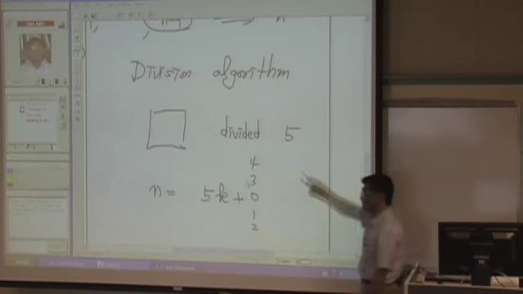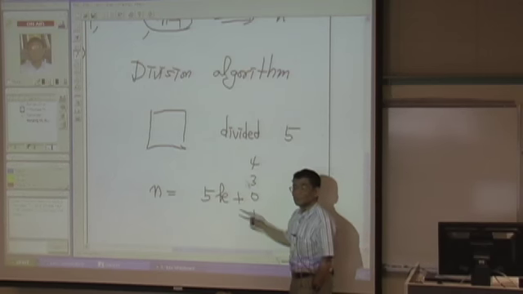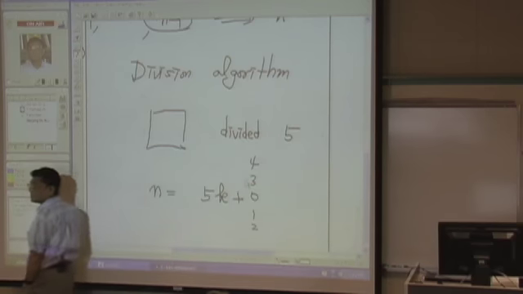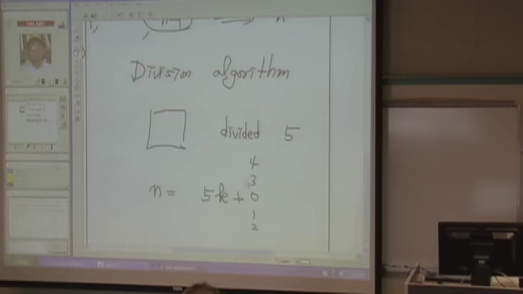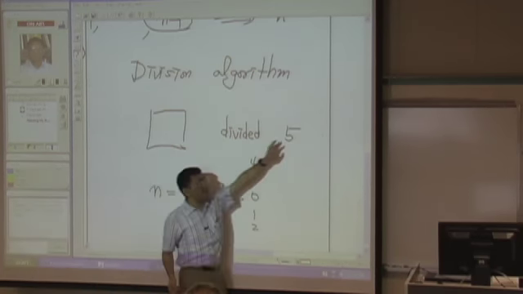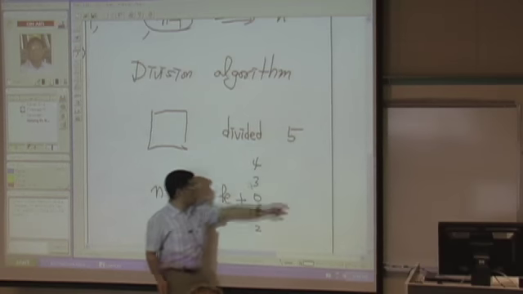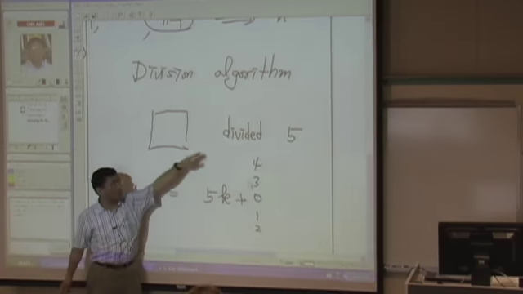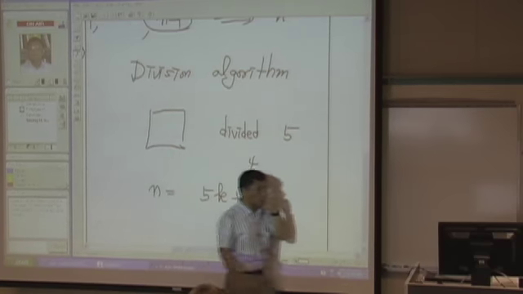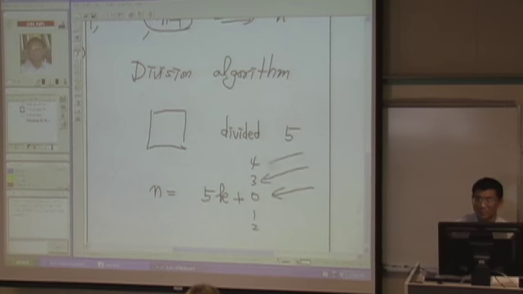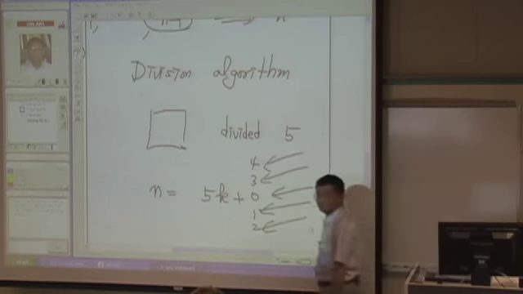These are the possible remainders. So this is called the division algorithm used in proofs. When you are asked to prove that something is divisible by 5, you divide a generic number n by 5, and then you should prove all 5 cases. Prove this case, this case, this case, this case, this case, right? All 5 cases.